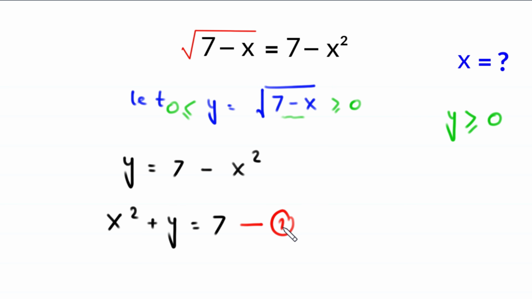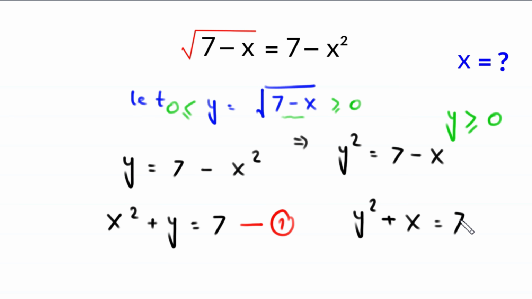And if we square both sides of this substitution, then y squared equals 7 minus x. Move this negative x to the left hand side, and this becomes y squared plus x equals 7. Let's call this equation number 2.